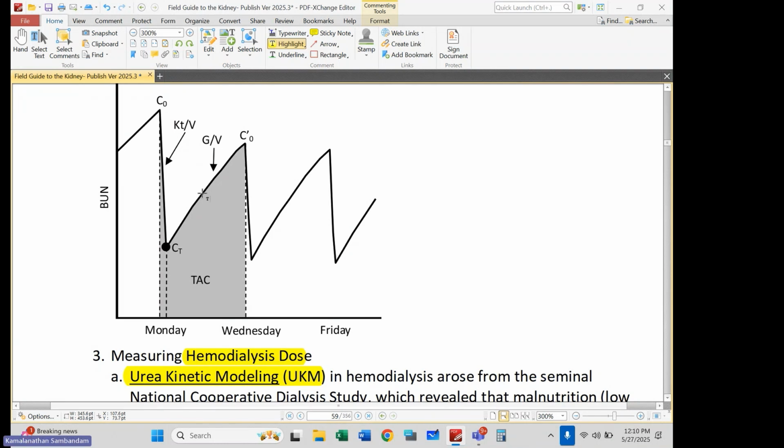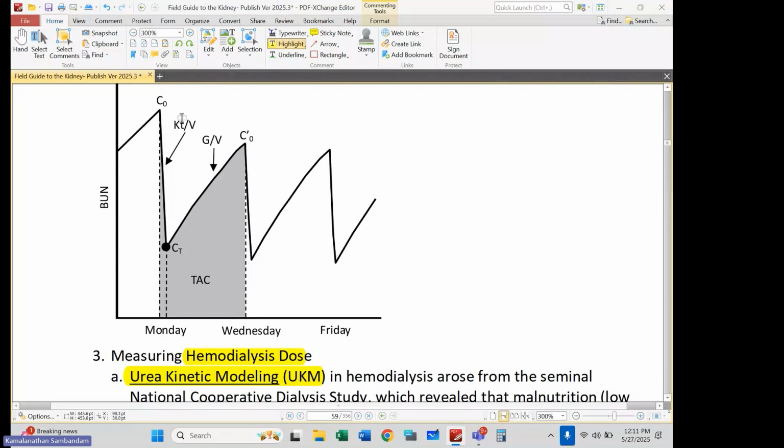In general, what we're getting out of this urea kinetic modeling, which is done in the outpatient dialysis unit, is a G that would result in this predicted urea kinetic profile, as well as a V. Okay, so these G and V are really, let's say, the outputs of the urea kinetic model.